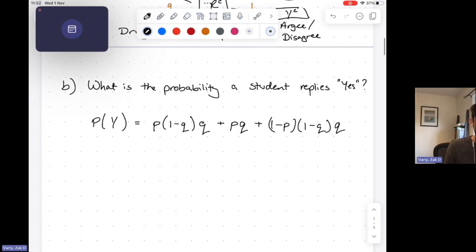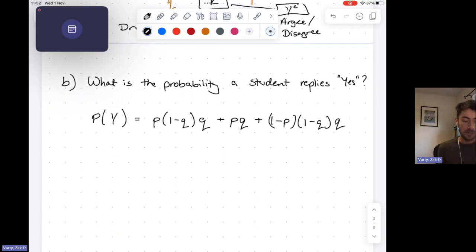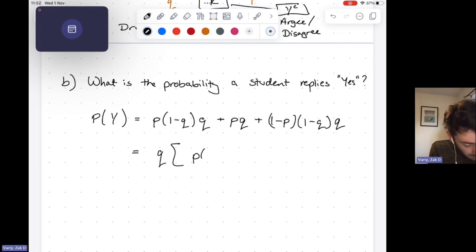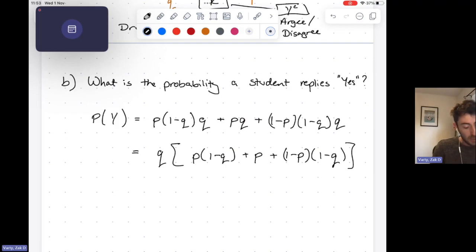Okay, so we have an expression here, but we can simplify it down a little bit. So what I'm going to do is pull the common factor of Q out the front here. So that leaves us with P times 1 minus Q plus P plus 1 minus P times 1 minus Q. Okay, and we can do a little bit of further simplification by expanding out these brackets.